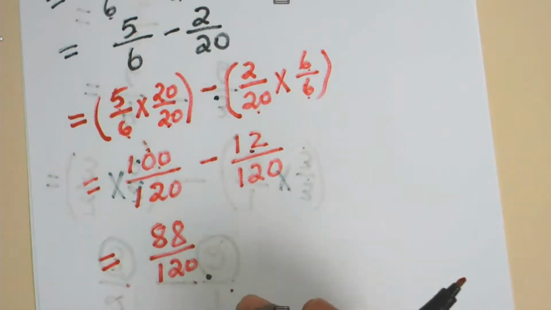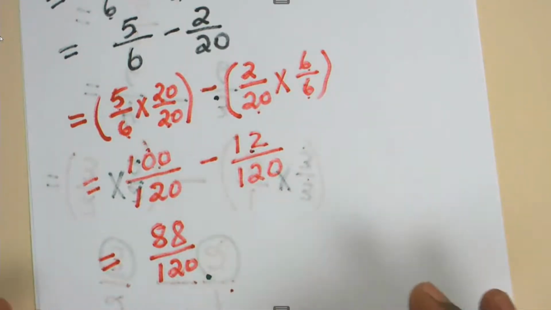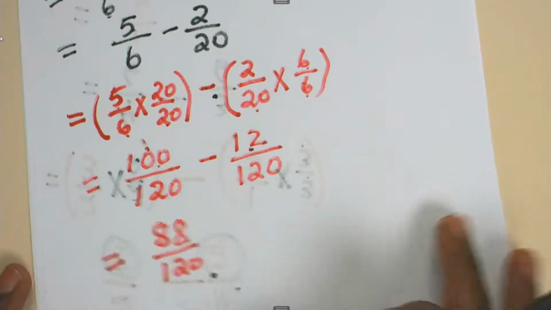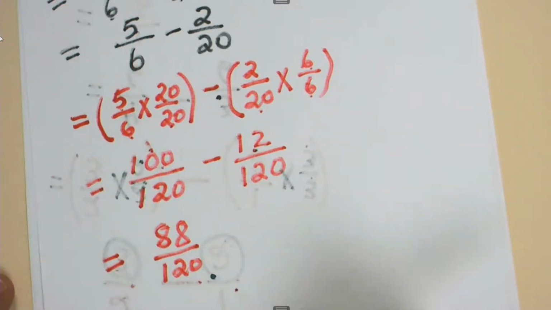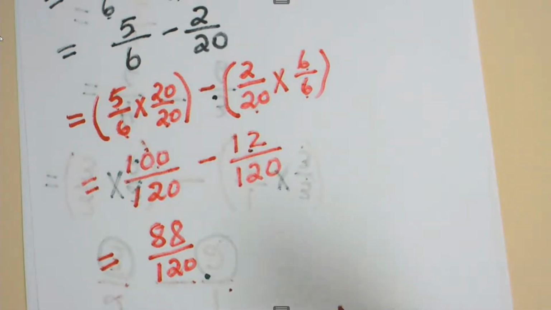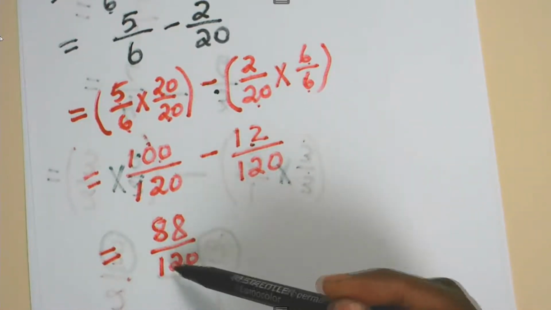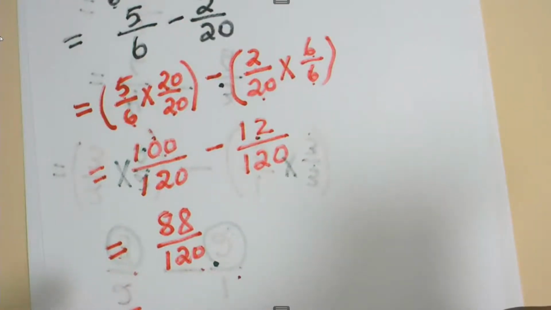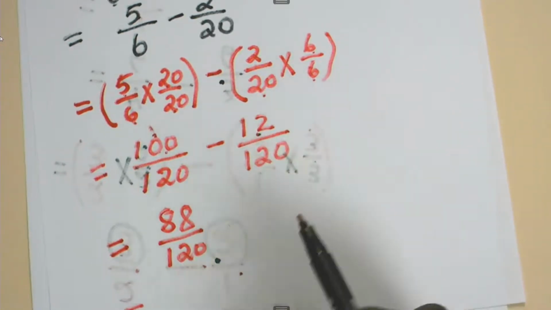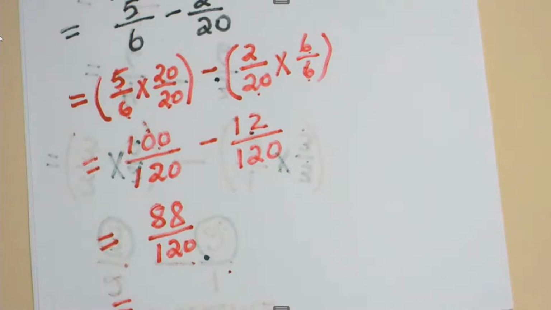But guys, let us be careful on that. When we work the solution on our question papers, we have to check what the requirements are. Sometimes the question paper may say leave your answer as is, or you may simplify your fractions. But in this case, let us simplify our fraction. Now we ask ourselves, what is the biggest number that can go into 88 and also into 120 without leaving any remainder? 2 can go into this, but it is not the biggest number. 4 can go into this, but it is not the biggest number.